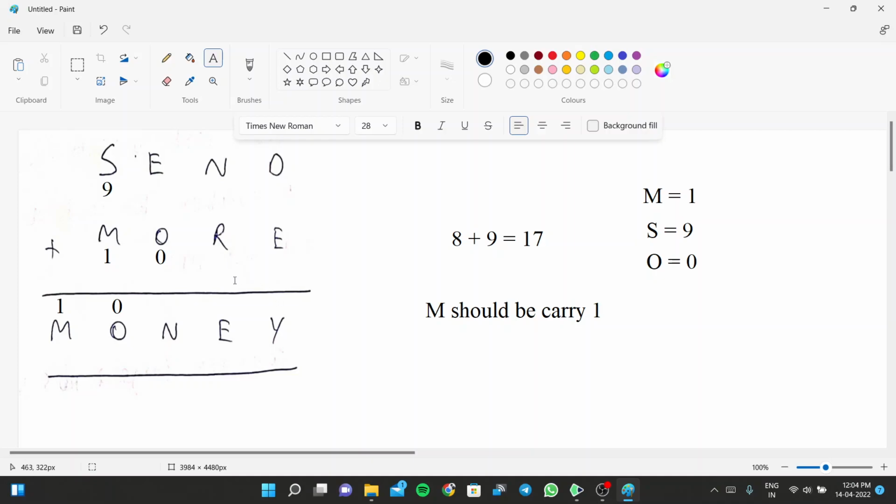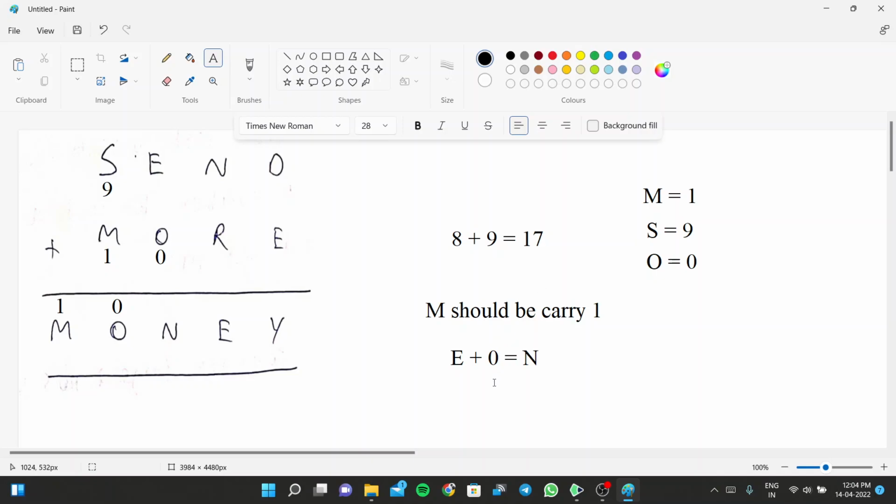But we can do one thing. E plus 0 should be equal to N. I think this is wrong, because N plus R is equal to E, but E plus 0 cannot be equal to N. That is not at all possible.